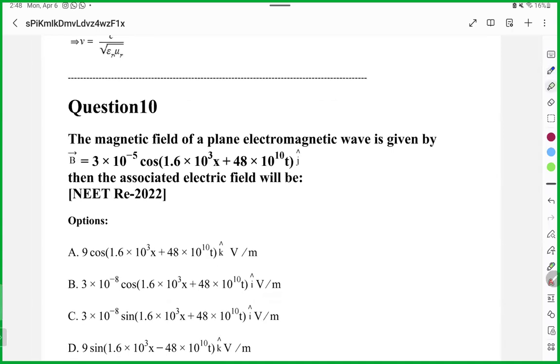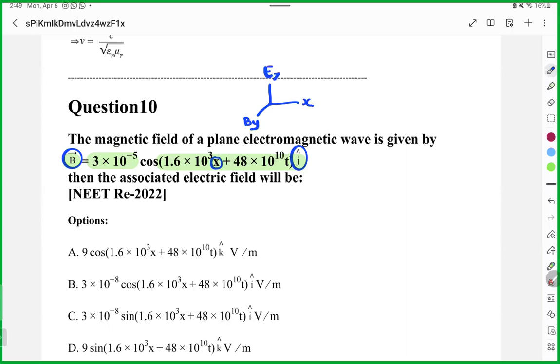I will write in the group also. So this one, B, right? This one we already did that day, right? No, this is a different question. So Ryan, you solve this question. What is the direction of the B magnetic field? Magnetic field is in the y-axis and propagating in the x-axis.